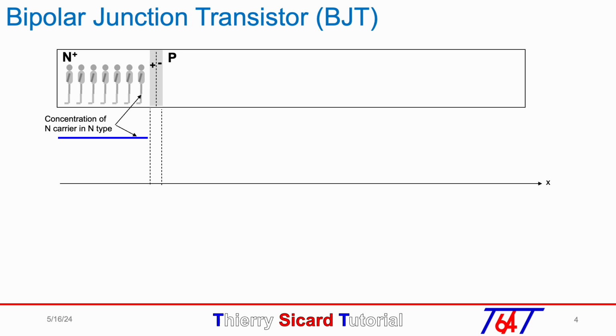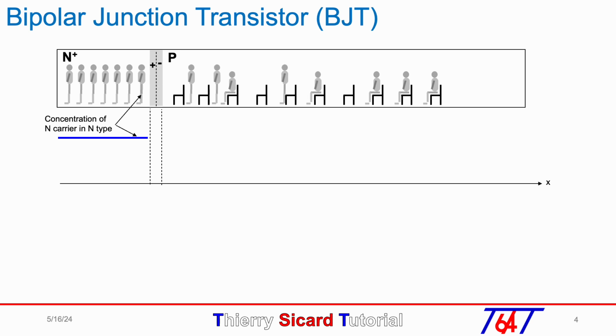On the P side, chairs represent the low energy positions available for the electron in the valence band. A person sitting on the chair represents an electron recombined in a hole located in the valence band, which means lower energy. The N minority carrier concentration in the P-type is represented by the stand-up person with high energy, which means in the conduction band.